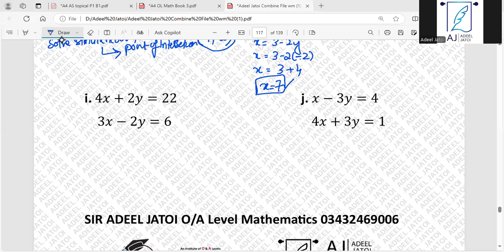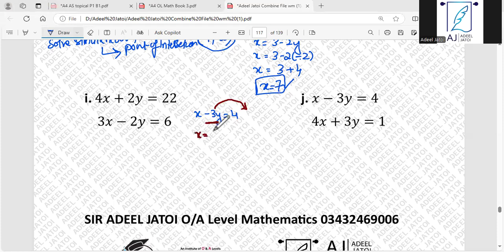So knowing the fact that we have two equations, right? We'll be using these two equations to get the answers. The first equation is x minus 3y equal to 4. So once we change the side, this minus 3y goes on the other side.